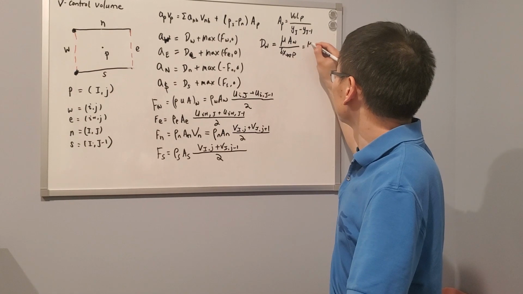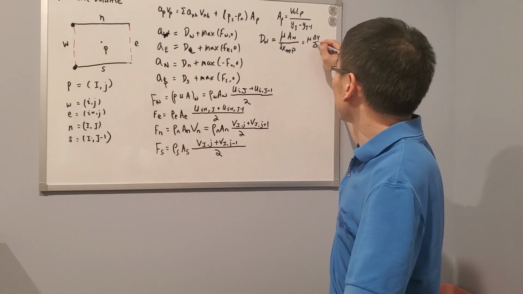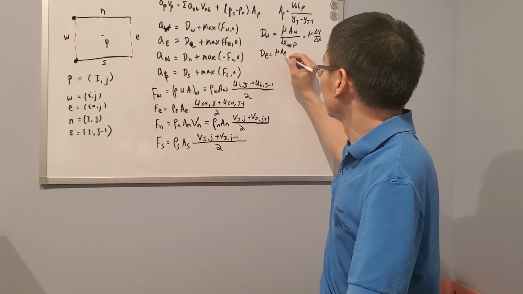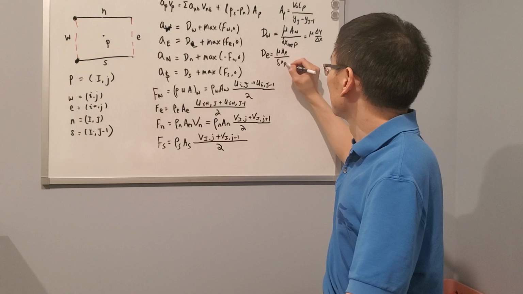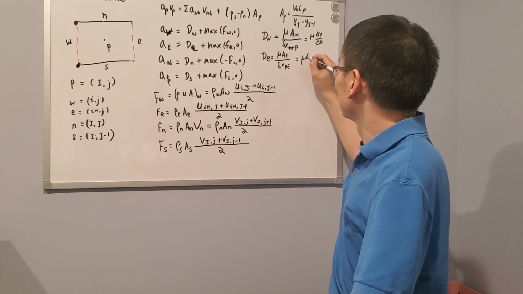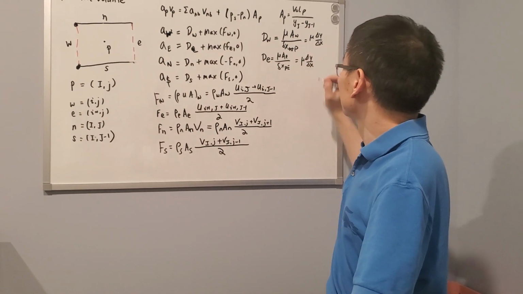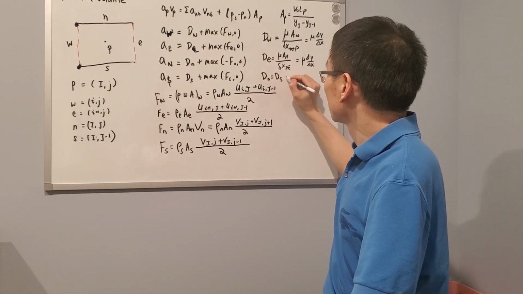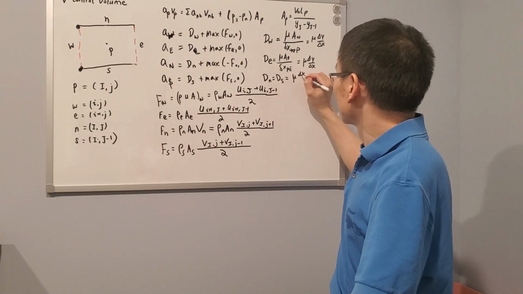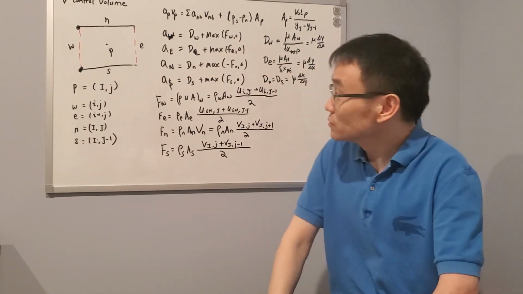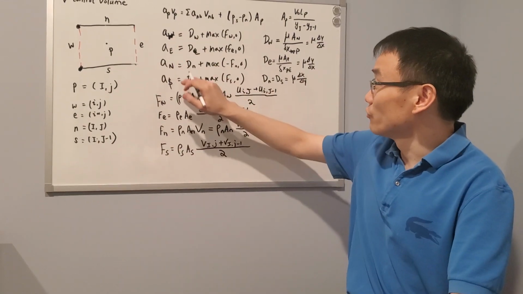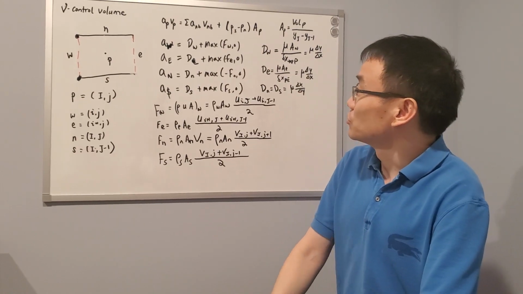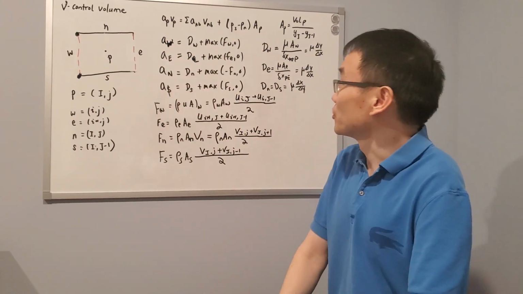And this will be mu delta y over delta x. And similarly, you have dE, which is mu AE divided by delta x PE, and that will be mu delta y over delta x again. Okay, so now we're gonna have dN and dS as mu delta x over delta y instead.